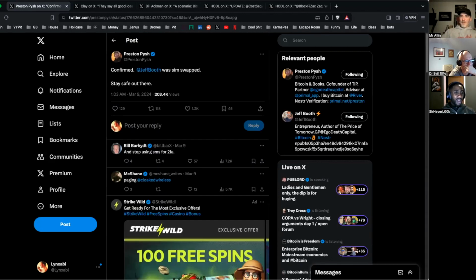If anything, I just threw it in as a security warning, because a lot of people use SMS for their two-factor authentication for their banking apps and exchange apps. Don't do that. Jeff Booth has been SIM swapped here.